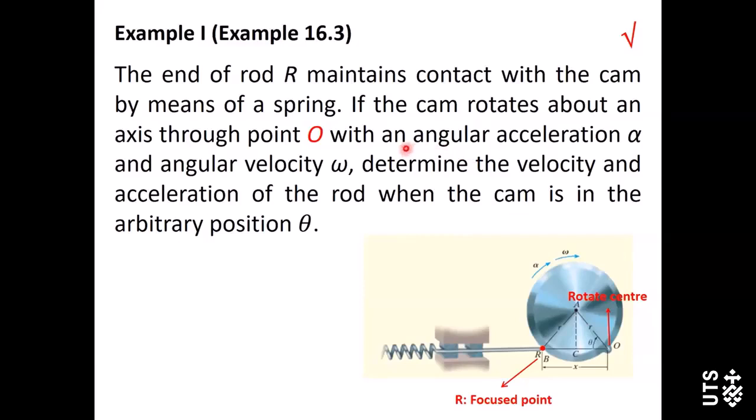Here, the angular acceleration alpha and angular velocity omega of this cam have been given. The task here is to determine the velocity and acceleration of this rod when the cam is in an arbitrary position theta. Theta is here.